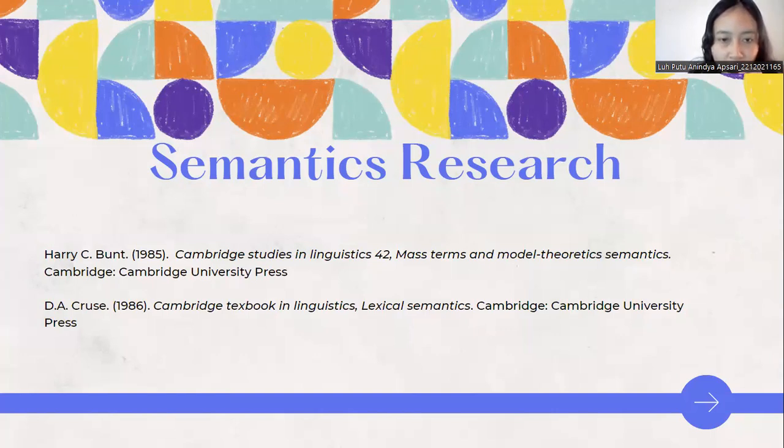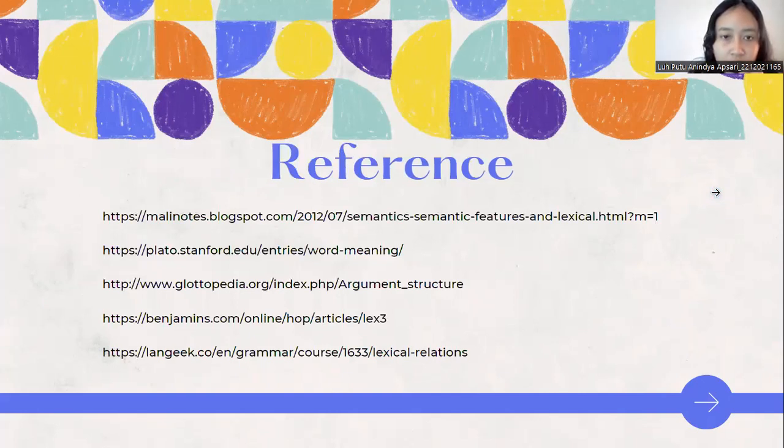And then we have the Cambridge Textbook in Linguistics, Lexical Semantics by D. A. Cruse, 1986, Cambridge University. Next. So this is the reference that we use to make this presentation.